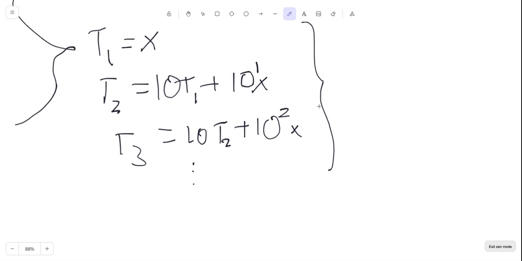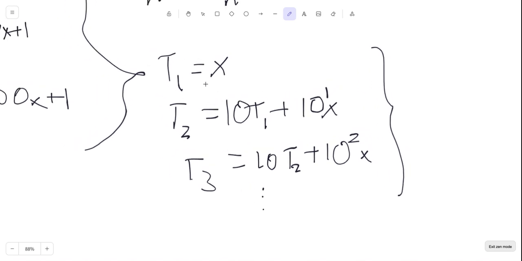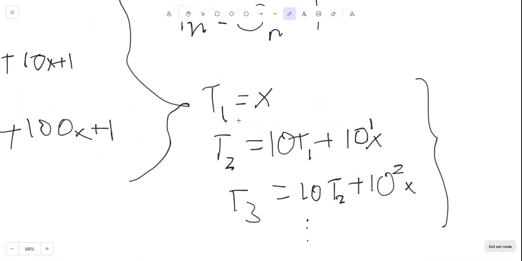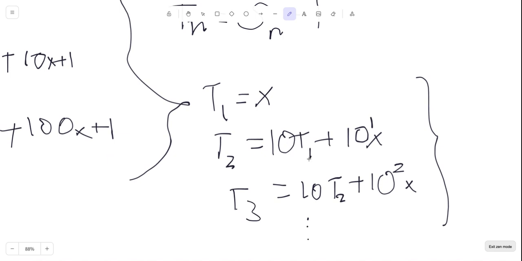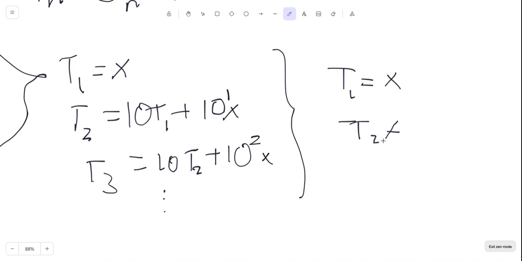So, if we express this as something else: t sub 1 is x. Okay, t sub 2, well, if you write an explicit formula in terms of x, t sub 2 equals 10x plus 10x, which is 20x.